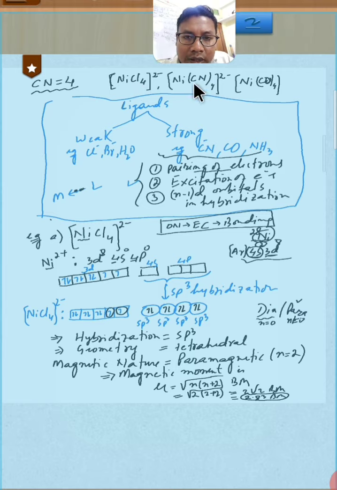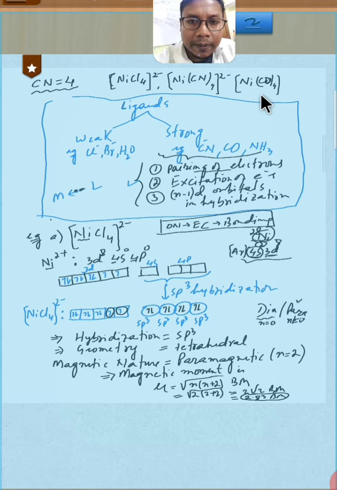So there will be differences in hybridization, and therefore their magnetic nature will also be different. And another one which is very common is Ni(CO)4, where CO is carbonyl, which is also a very strong ligand. In fact, this is the strongest ligand.